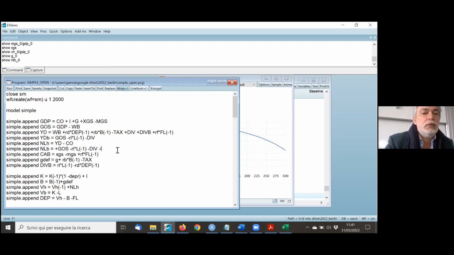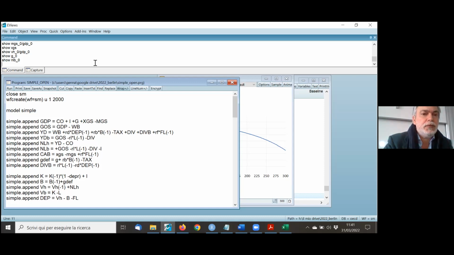So here investment is inclusive of depreciation, and this should give us 0. But it's not exactly 0. There is a small discrepancy.